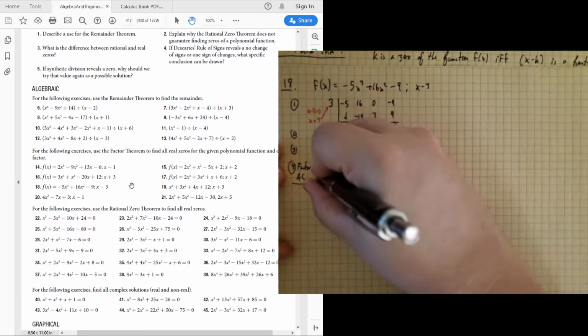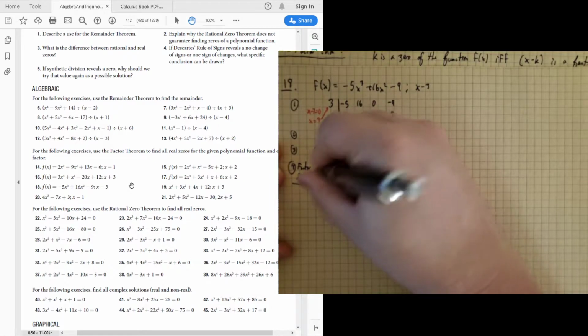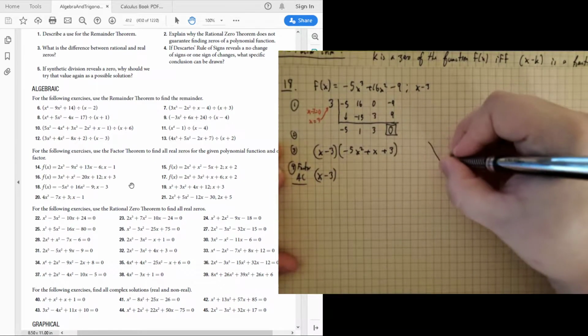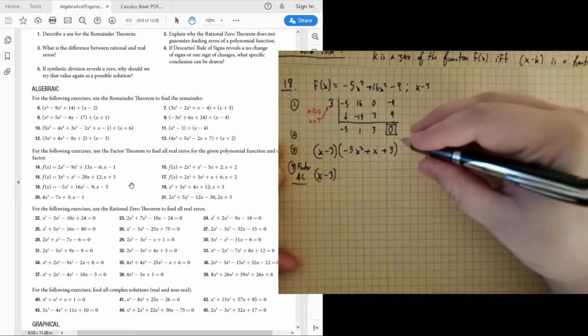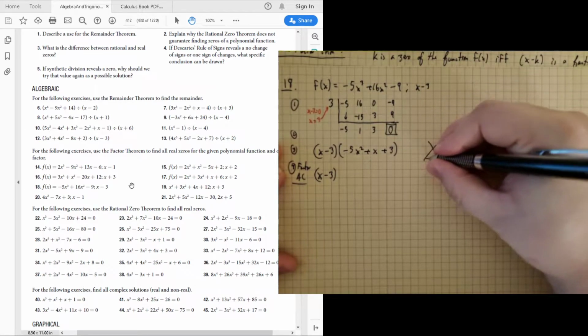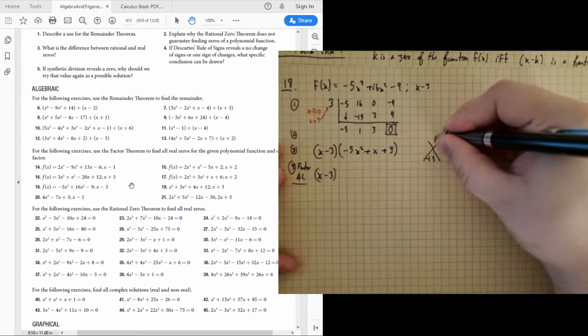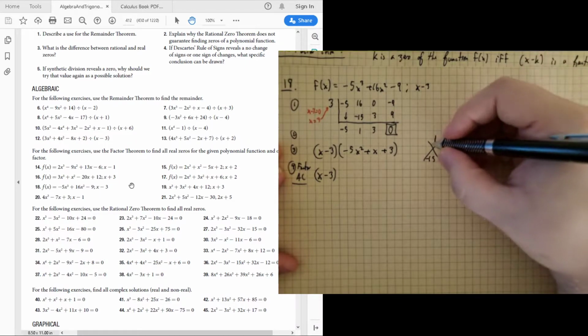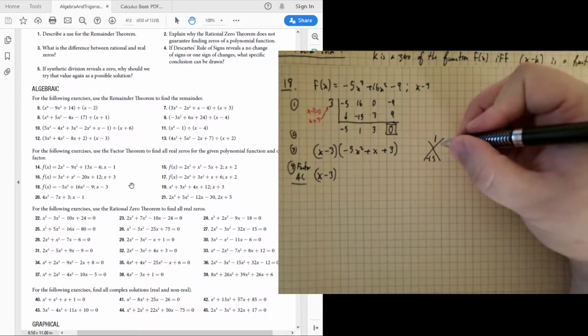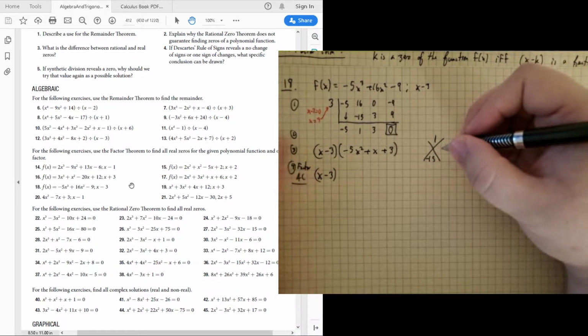So I have x minus 3 times, all right, my AC. I take negative 5 times 3, which is negative 15. I should get 1 together. Those would be... I don't like these numbers.